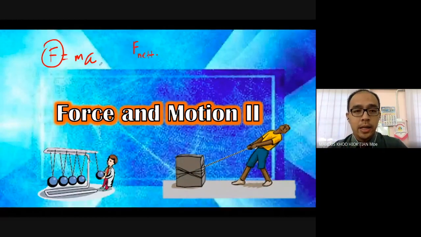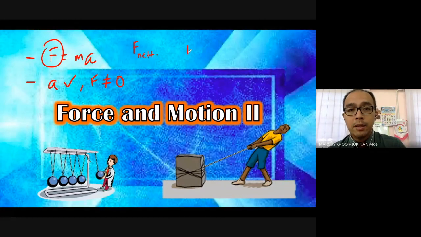Okay, and then the second thing that we established from our revision is the concept of how, if there is an acceleration, there is going to be a net force. It is not equal to zero. But if the net force is zero, this means two things: there is no acceleration, the acceleration is zero.